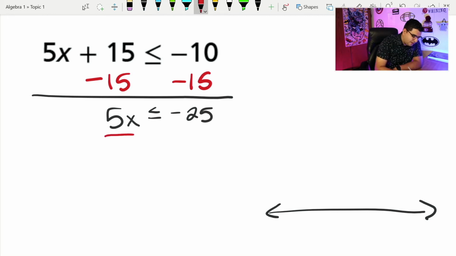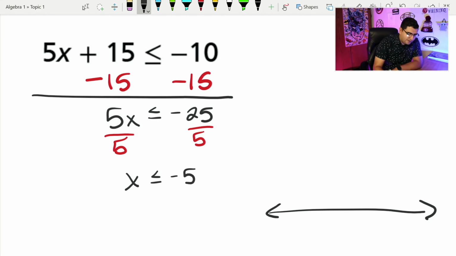Then I can simply divide by 5 on both sides, leaving me with x less than or equal to negative 5. So for this graph, I am going to have a shaded in circle because I have the equal to mark, and because it is less than, I'm going to go towards the left. And that's how we solve and graph this one.